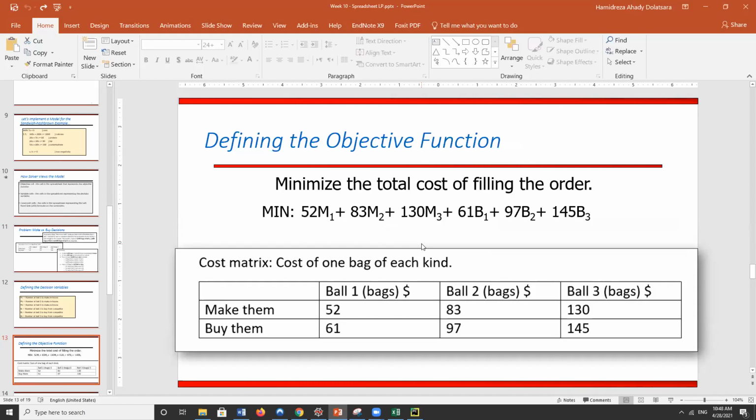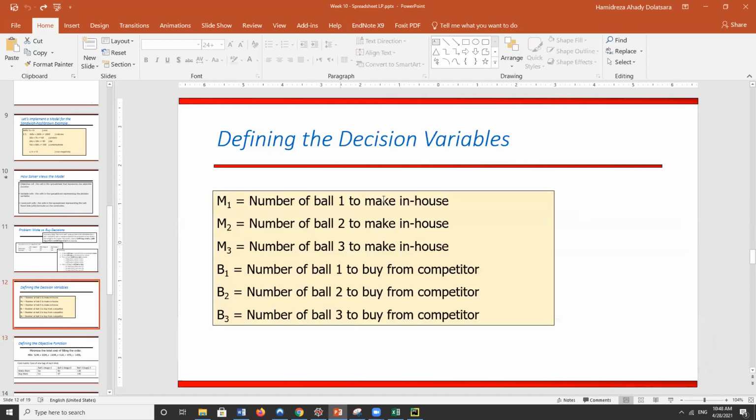M1, M2, and M3 are just decision variables for the number of different types of ball that you make in-house, while B1, B2, and B3 are decision variables for the number of balls that you buy for each type. And these are the only decision variables.